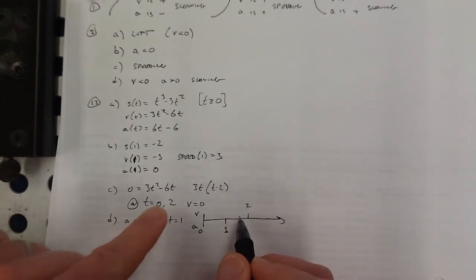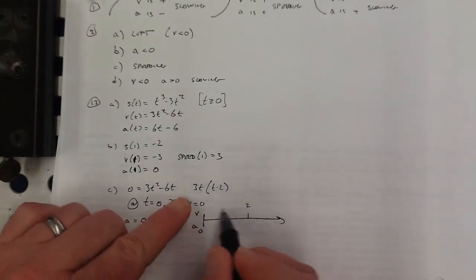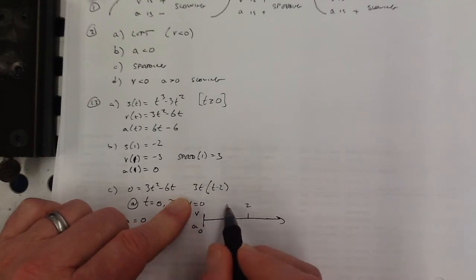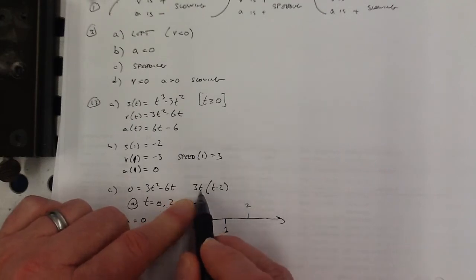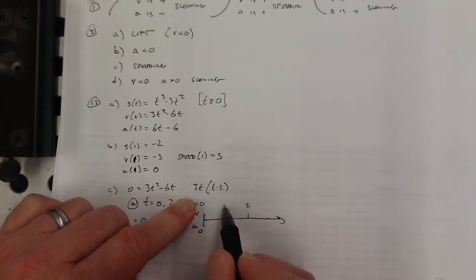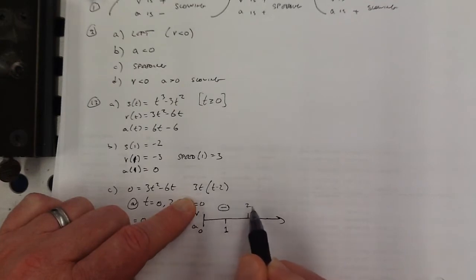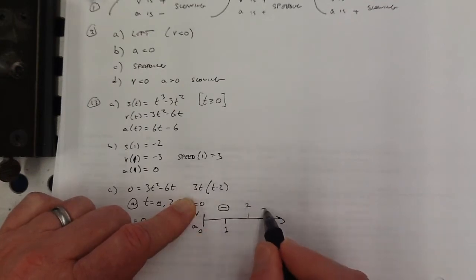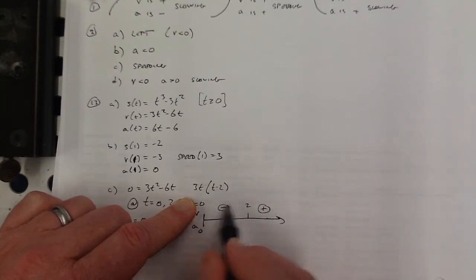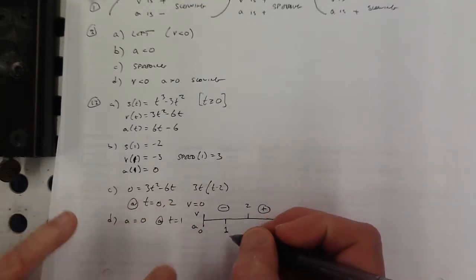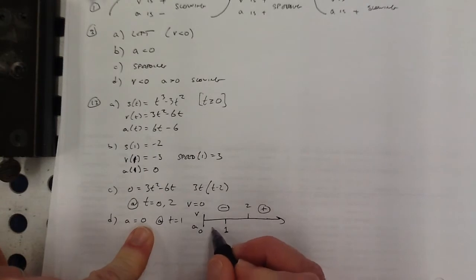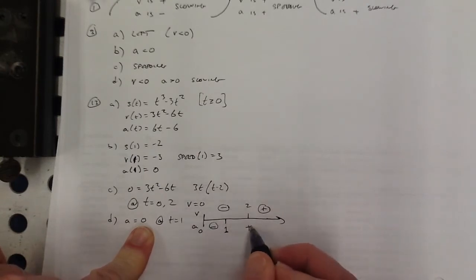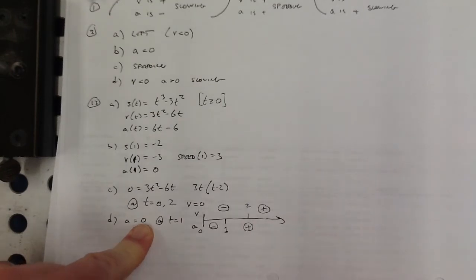So for the velocity, checking a point in between, like 1, for example, plugging 1 in here, I get a positive times a negative. And then plugging something positive in here, there's no squared factor, so we know that's going to change sign as we go across there. You can test something if you want. And then the acceleration goes from negative to positive as it crosses over 1. You test points if you like.